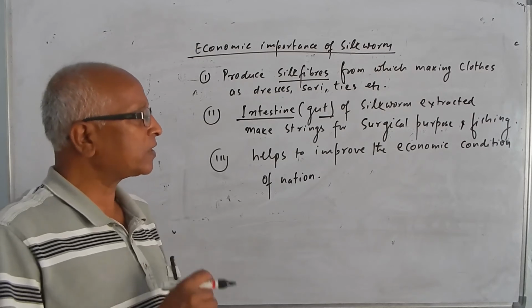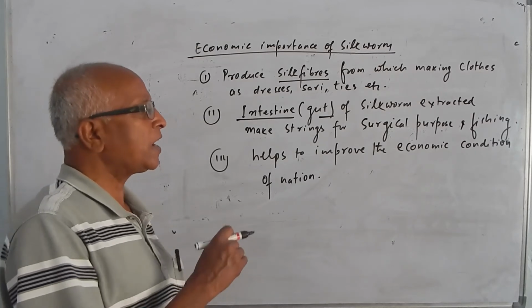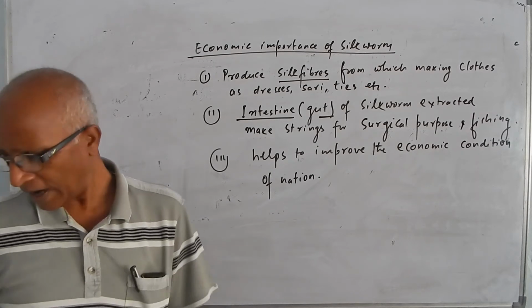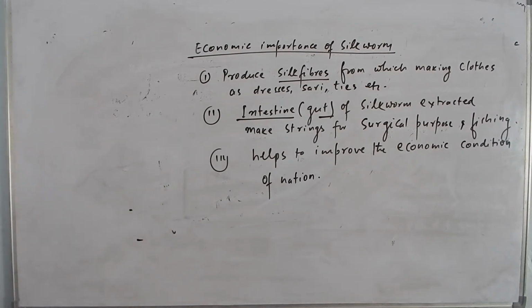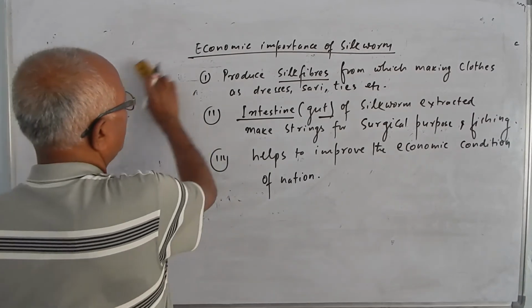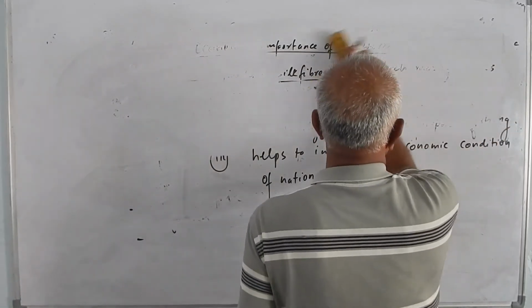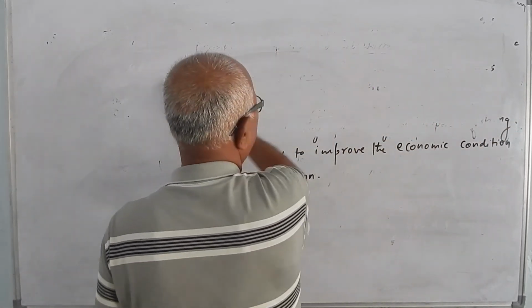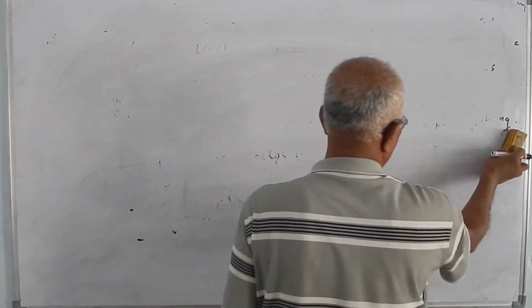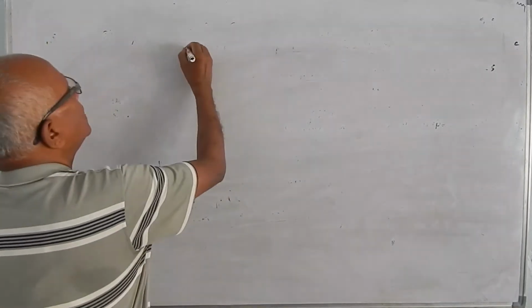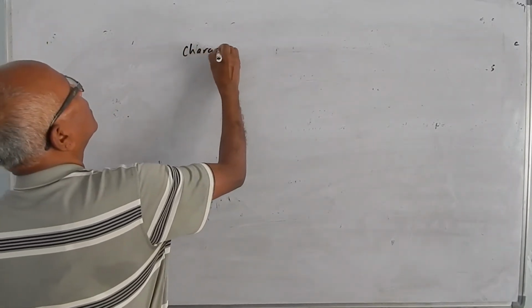After the operation they have helps to the stitching and also they have helps to the fishing. And another important, when the productions of the more amount of silk fibers, this develop the economic condition of the nation.